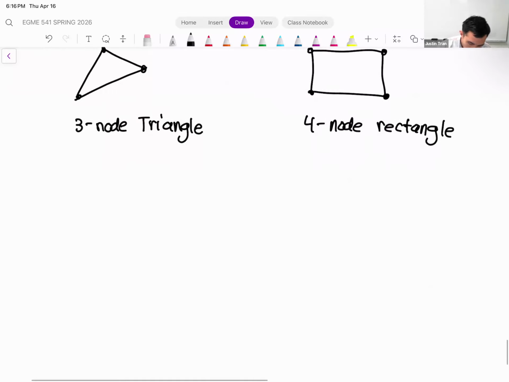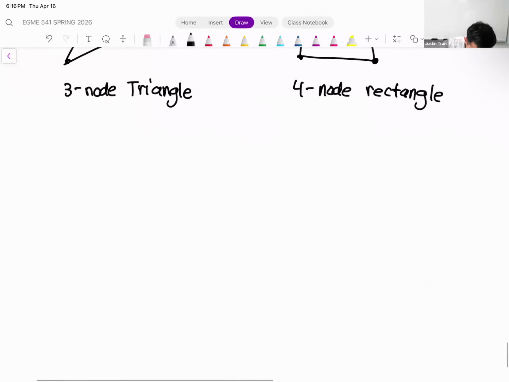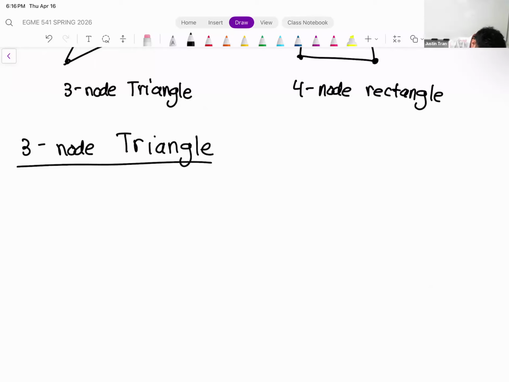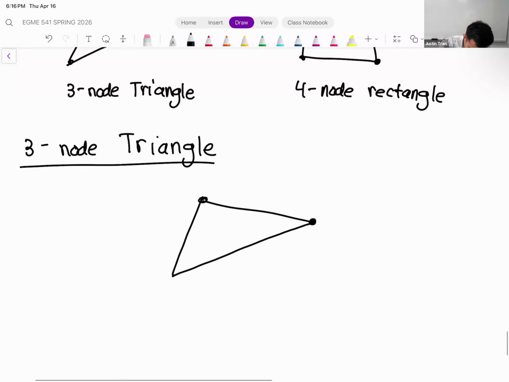That one's always the first 2D element to do. So let's look at the 3-node triangle. We're just going to draw a triangle here. We can label all the nodes: this is node 1, node 2, node 3.